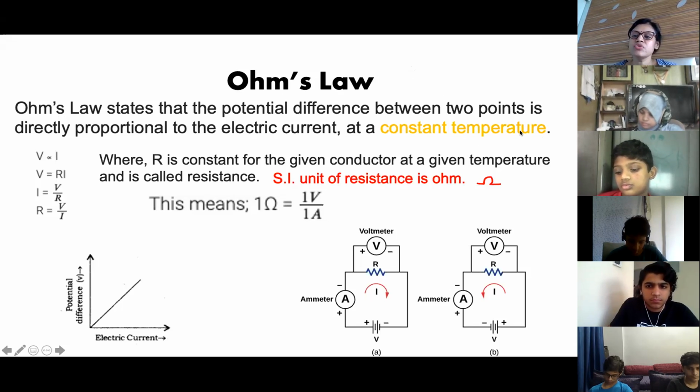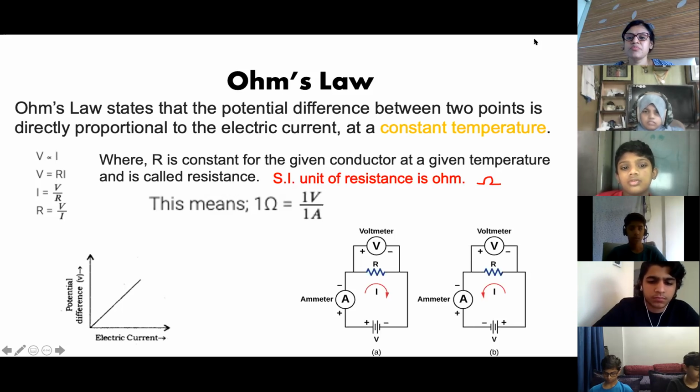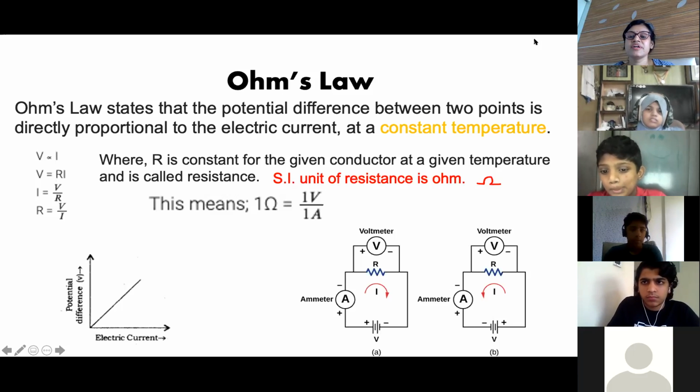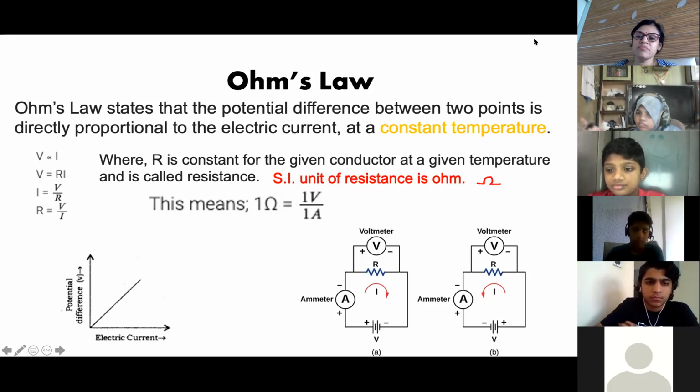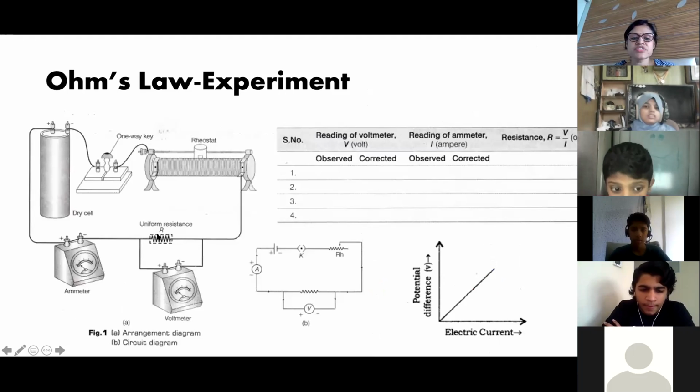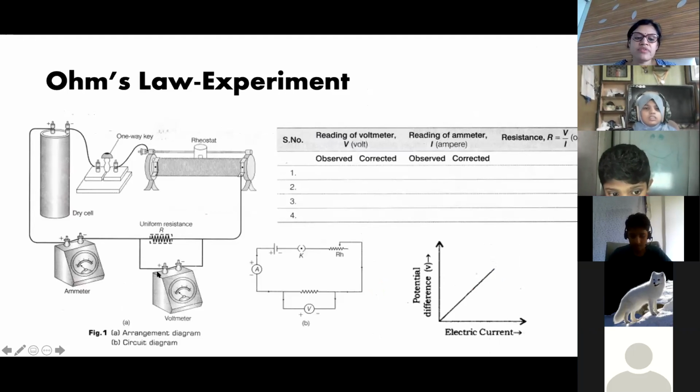Can you tell me why it is not valid when the temperature is not constant? Can you think of a reason? Temperature affects what? Ma'am, temperature affects resistance. Very good, Farhan. Temperature affects resistance. What we are doing here is measuring a fixed resistance. When we vary the temperature, the resistance is not fixed.